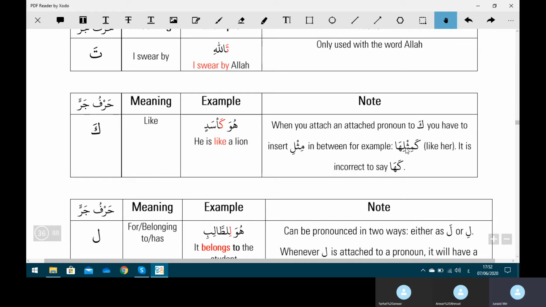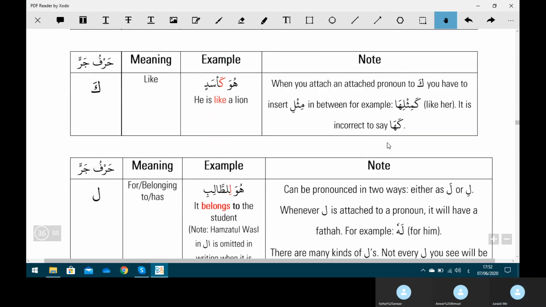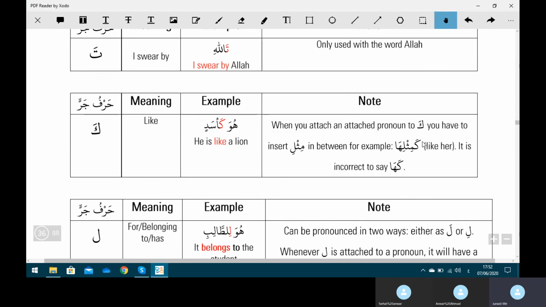You can't say ka, ha, like her. That's wrong. You have to use the word mithl in between.